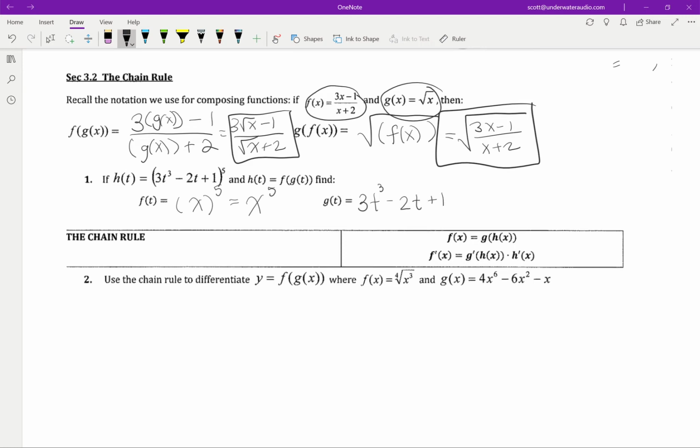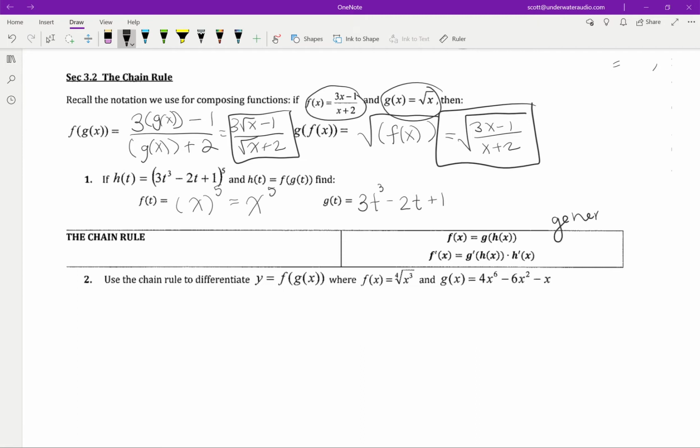So the chain rule says if you have a function, f of x, and it's made up of a composition of two functions, then to take the derivative, you would do the derivative of the outside and then plug the inside in, then take all of that and multiply it by the derivative of the inside. So this actually might look a little bit familiar. This is like our chain rule, the rule we used before, called the generalized power rule.